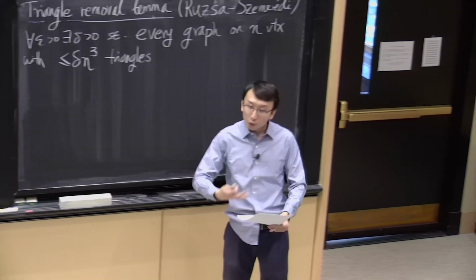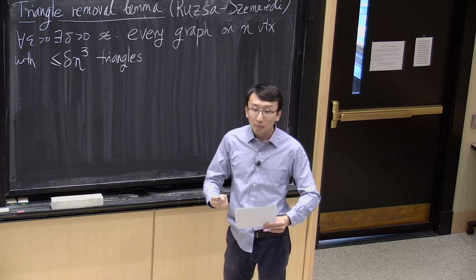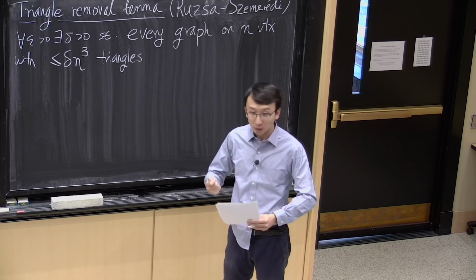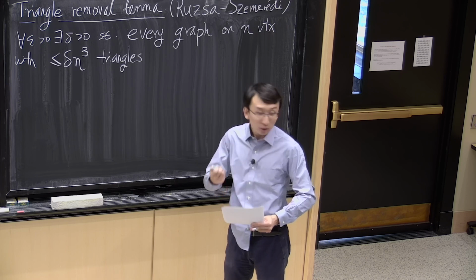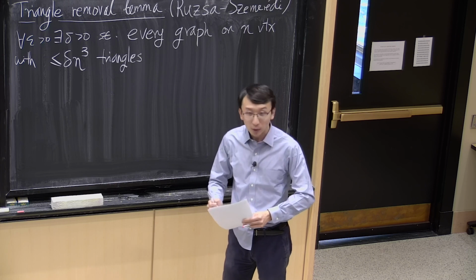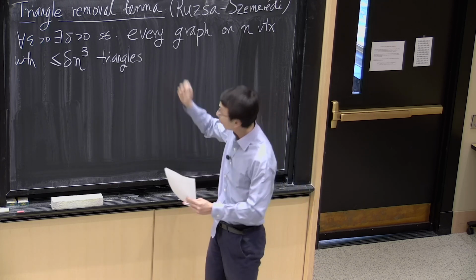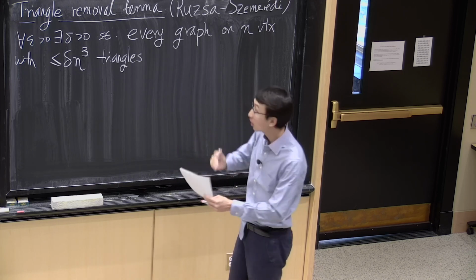Okay, so if you have a graph with a small number of triangles, the question is, can you make it triangle free by getting rid of a small number of edges? Yes, actually, there was already a problem on the first homework set that is in that spirit. But if you compare what I'm doing here to the homework set, you see that there are different scales.